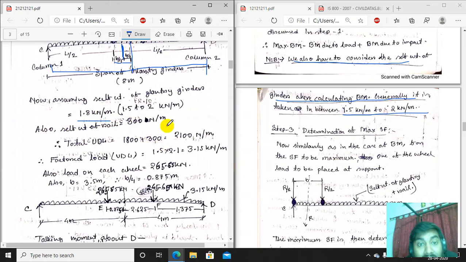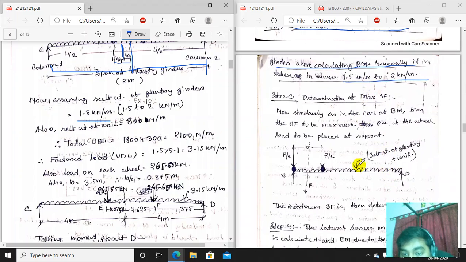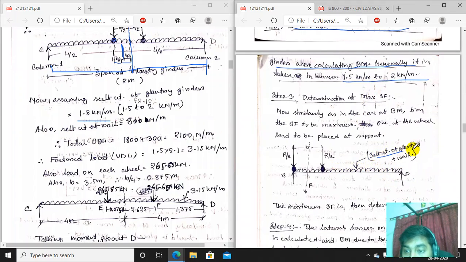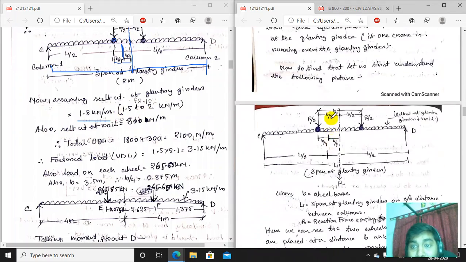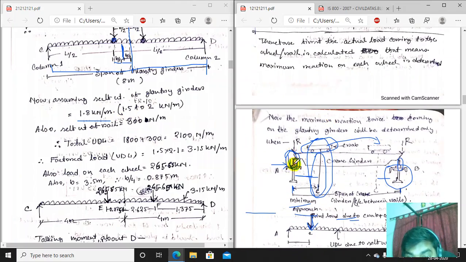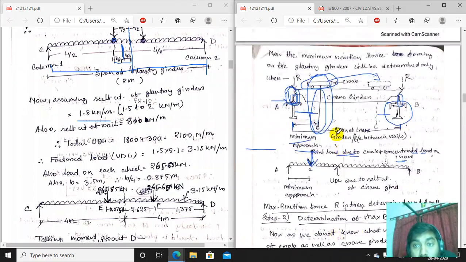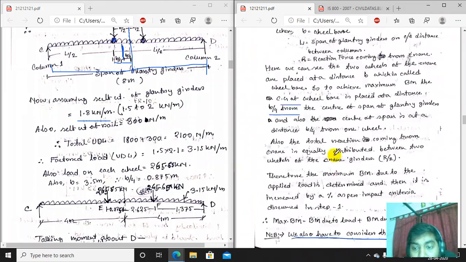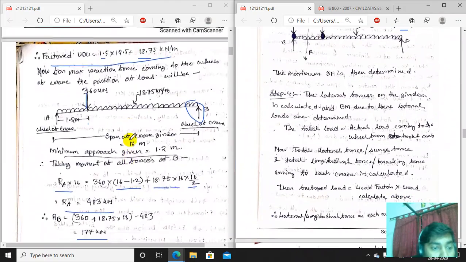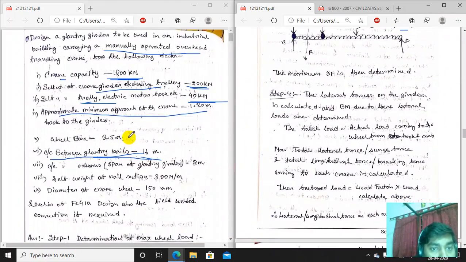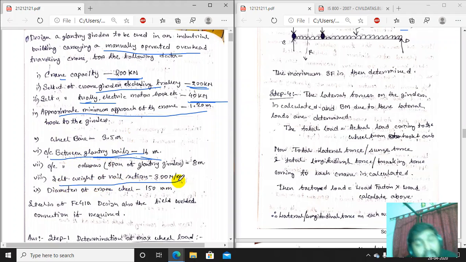Also the self-weight of the rail. Here the UDL is due to the self-weight of the gantry girder plus the rail. The rail weight has to be considered also. The self-weight of the rail section is given in the problem as 300 newton per meter.